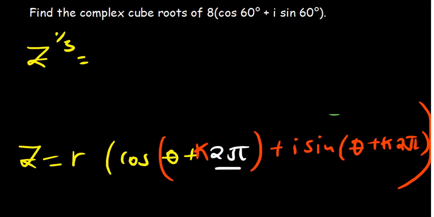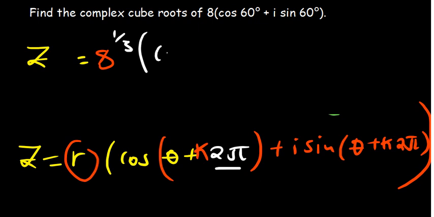From De Moivre's theorem, your r is supposed to be raised to the same power. In this case, what we have is 8, so it's 8 to the 1 over 3, as a third root.